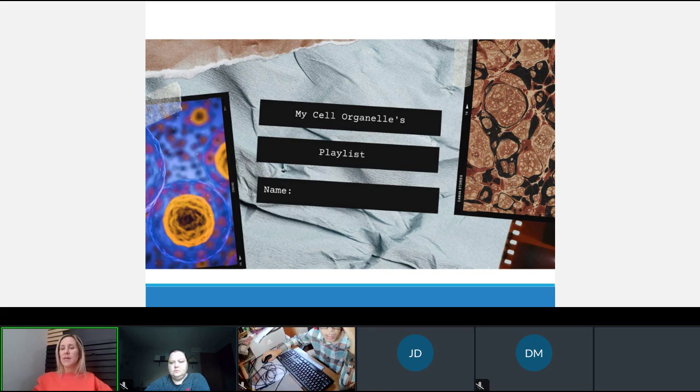Inside there is a Microsoft Word file that shows what I need you to fill out. It needs to say the name of your album, so give your album, like your playlist, a name. Then there'll be seven organelles in the titles, the artist, and then a brief description as to why you chose that song.